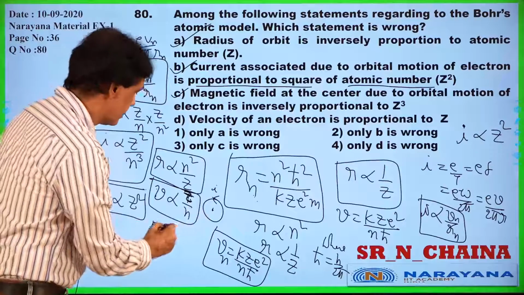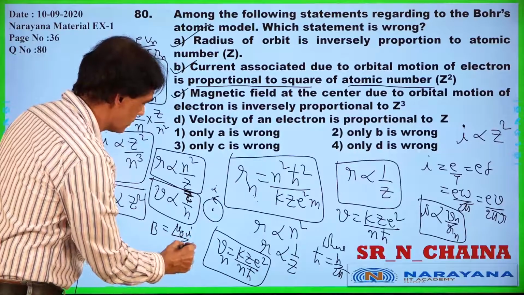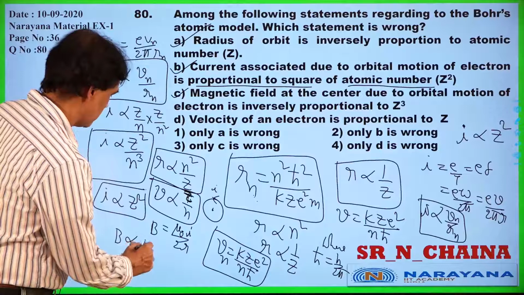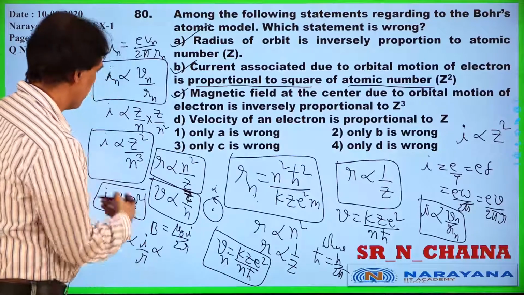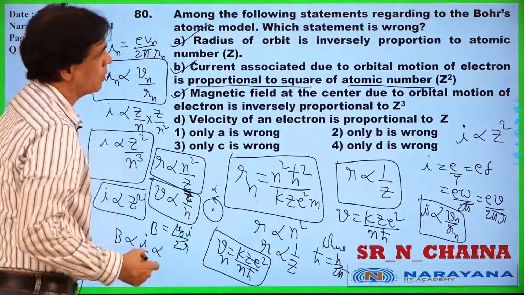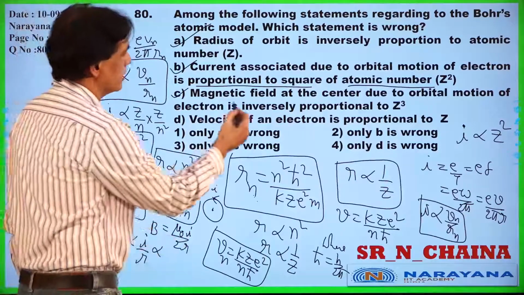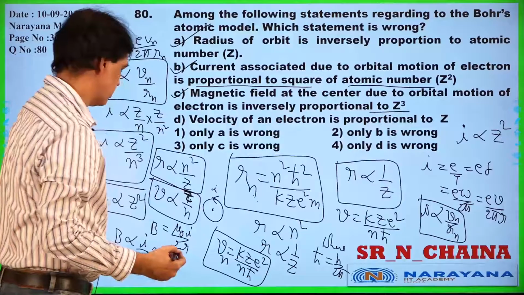At the center, B is given by mu naught I by 2R. That means B is directly proportional to I by R. What we have to check here is whether the magnetic field at the center is proportional to Z cube or not.